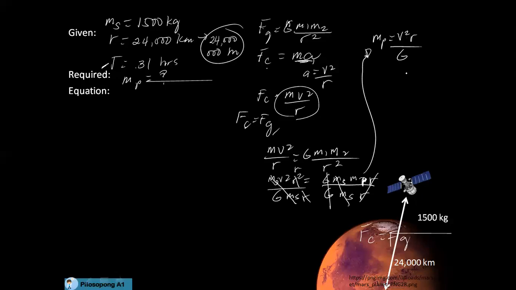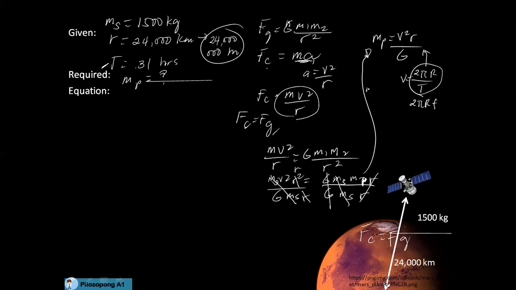Since v is equal to 2 pi r over T, another variation of it, if you have frequency, is 2 pi r f in uniform circular motion. So we assume that the orbit is circular, okay? So we will insert this to this formula.